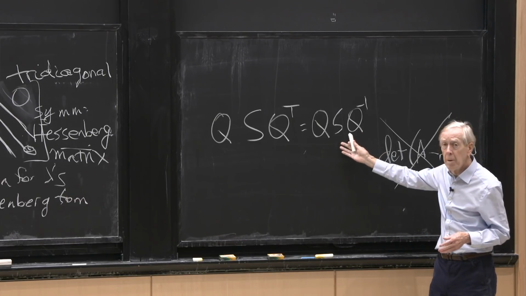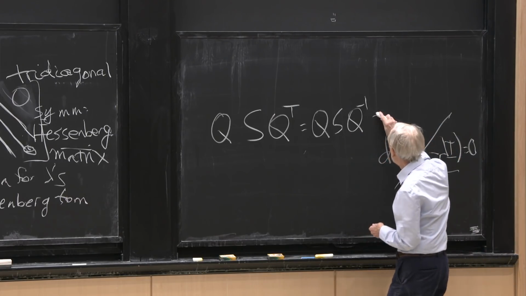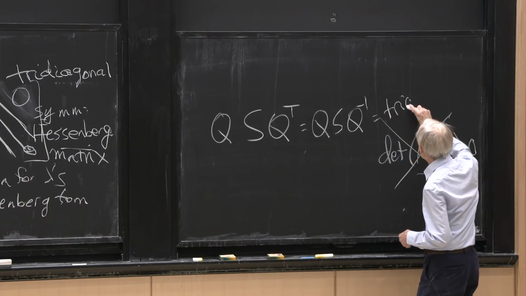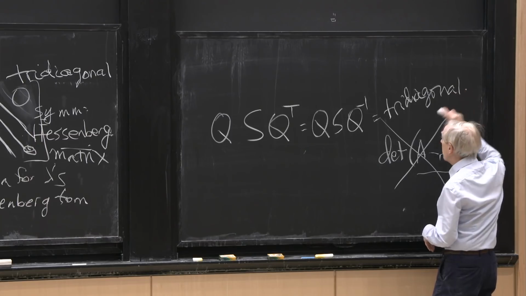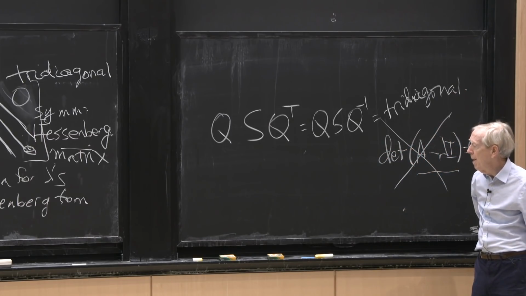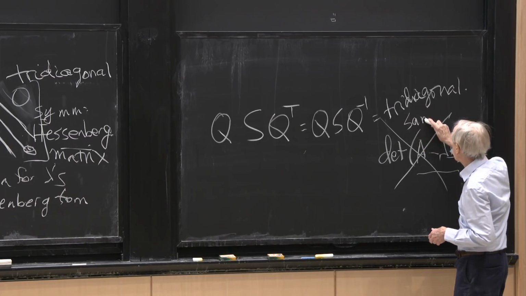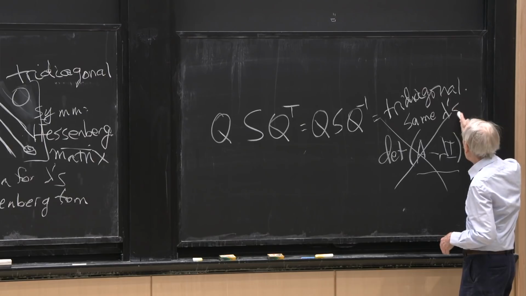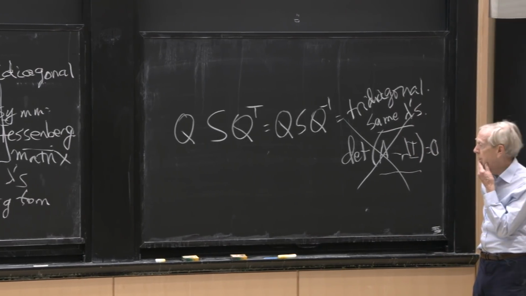It's similar to S. And it becomes tridiagonal, after I find a good Q. And therefore, same lambdas. It's tridiagonal with the same lambdas.